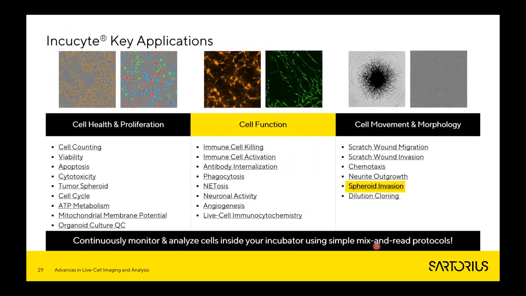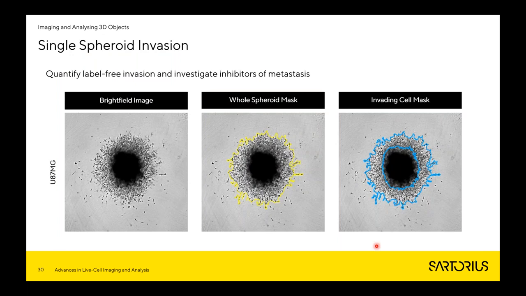To round off what I'm talking about with single spheroids, I'm going to go to our new spheroid invasion analysis mode, and this is part of the existing spheroid module. The idea here is that we're looking at the metastatic potential of tumor cells. Here we have U87MG cells. This is a glioblastoma cell line. We have the bright field image. We can see that invasive phenotype.